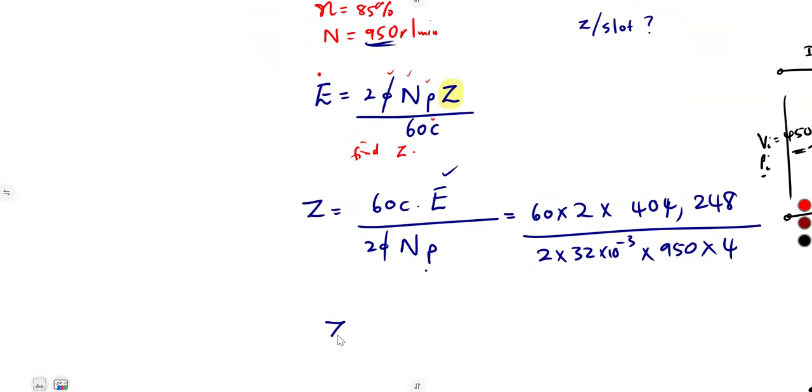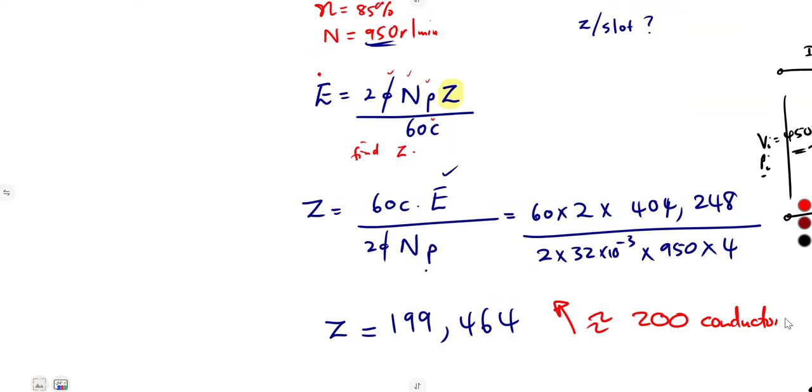So that's our armature conductors. This was going to give us a decimal, all right? It was going to give us 199.464 conductors. So you round up to the next whole number, which is 200. So this is going to approximate to 200 conductors.